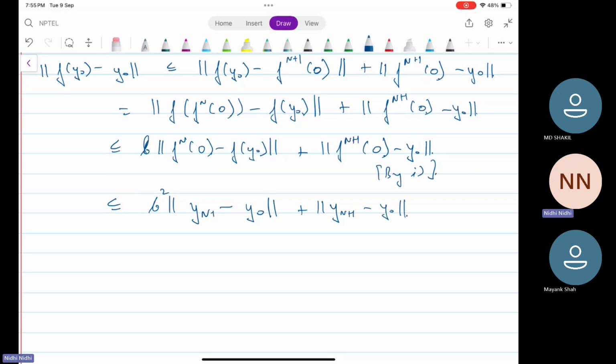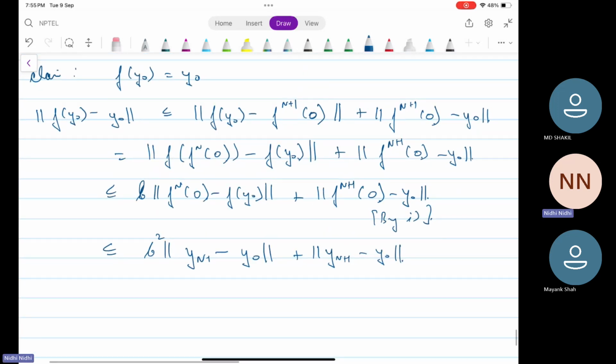So instead of n plus 1, we should have taken n plus 2. So n plus 2, n plus 2. This is n plus 2, n plus 1, n plus 1.